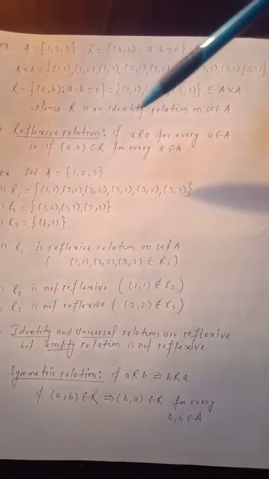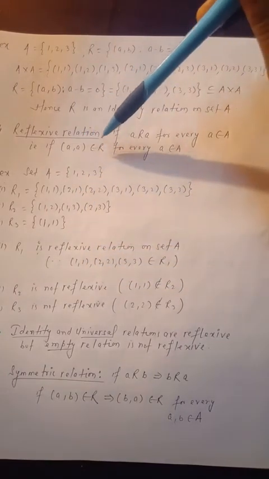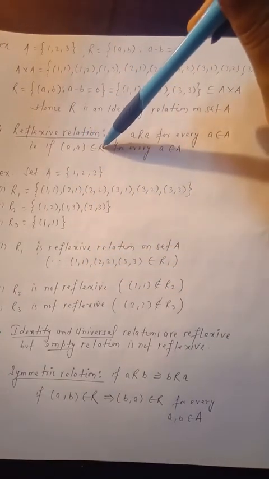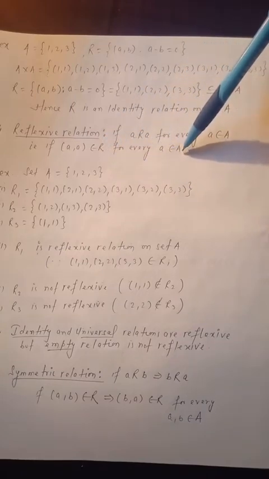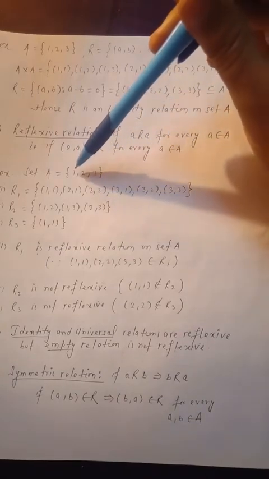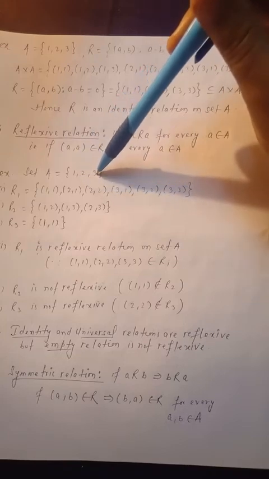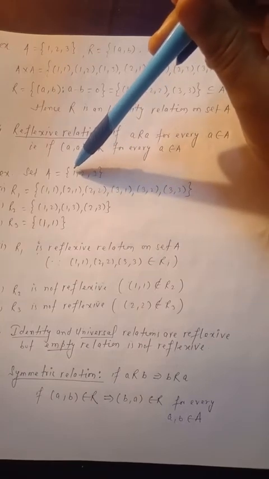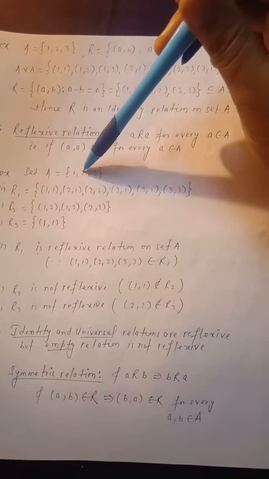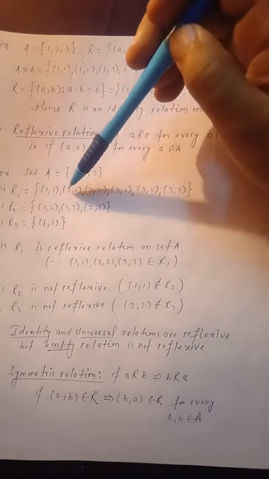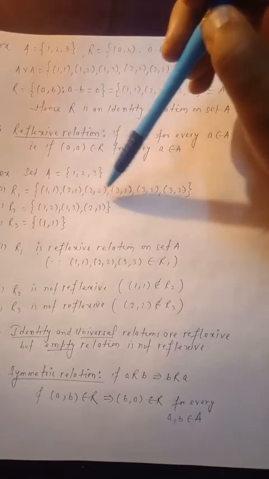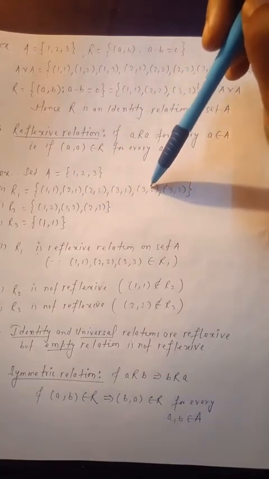So reflexive means this (a, a) must belong to R for every a belonging to A. Here in A there are 3 numbers: 1, 2 and 3. So we need (1, 1), (2, 2) and (3, 3). But here there are some extra elements also, like (2, 1), (3, 1) and (3, 2).